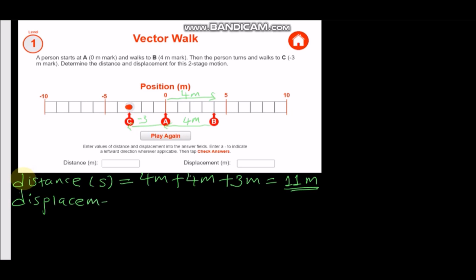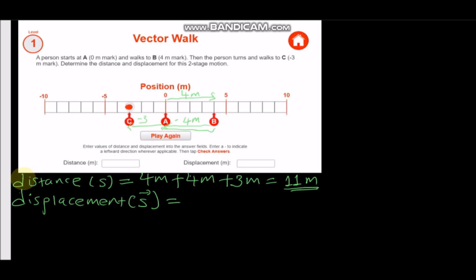Okay, the displacement, it's a vector physical quantity, is equal to, how do you calculate? Look, the person moved from point A to point B towards the east 4 meter. Again, from point B to point A, towards west it's negative 4.